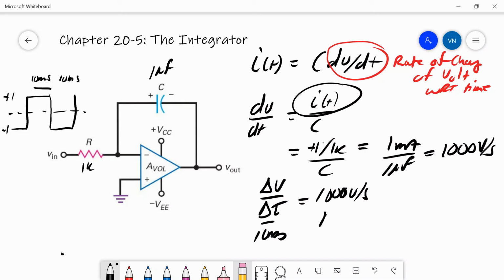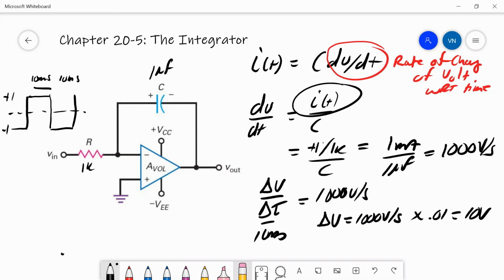So the change in voltage equals the rate of change, 1,000 volts per second, times the number of seconds, which is 0.01, and that is 10 volts. So the change in voltage would be 10 volts.